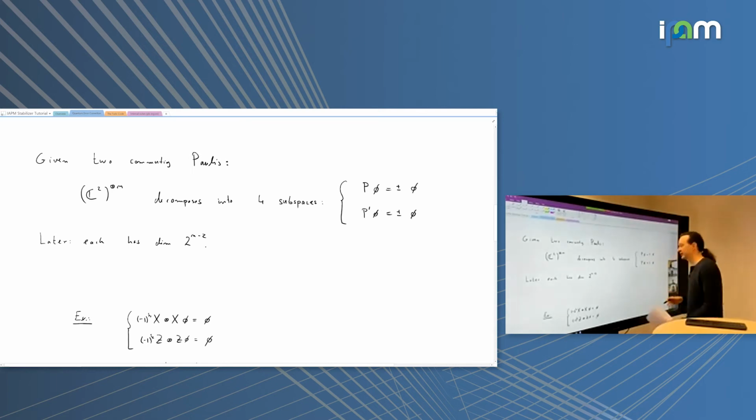So I have 4 possible combinations: plus plus, plus minus, minus plus, or minus minus. And in fact, it will turn out that each of these spaces has dimension 2 to the n minus 2. So before, I divided my space into 2 subspaces, now I divide it into 4 eigenspaces of these two commuting Paulis.